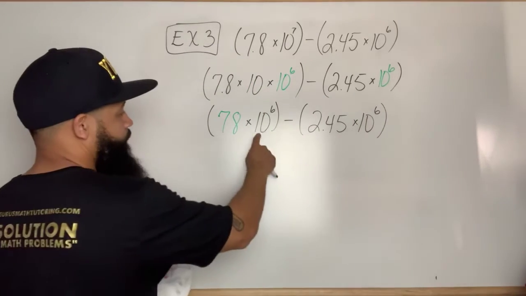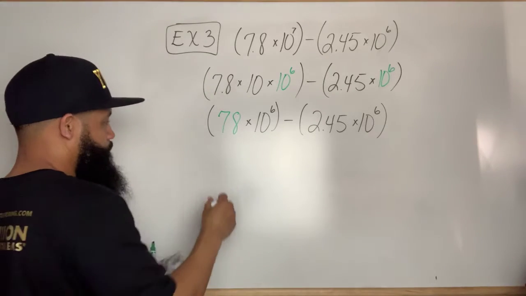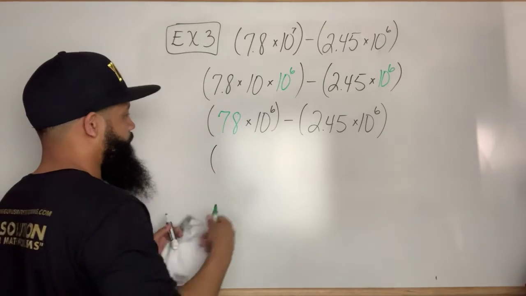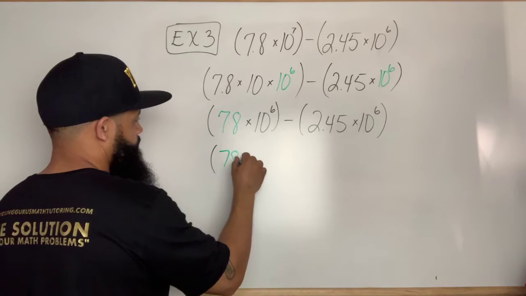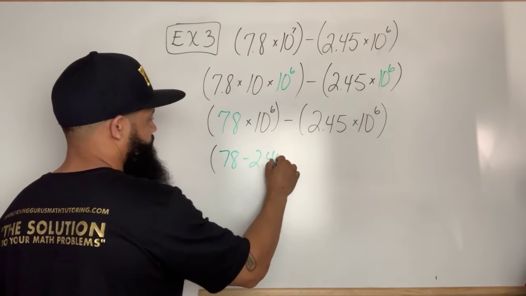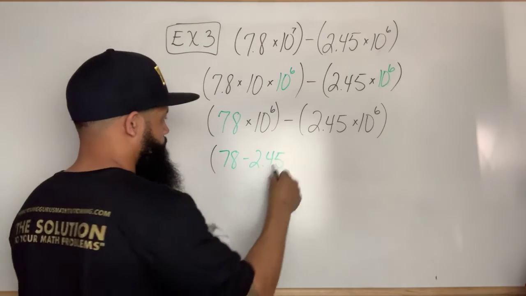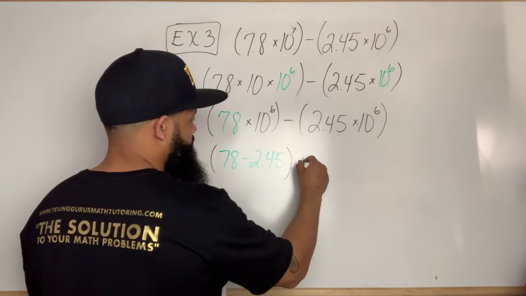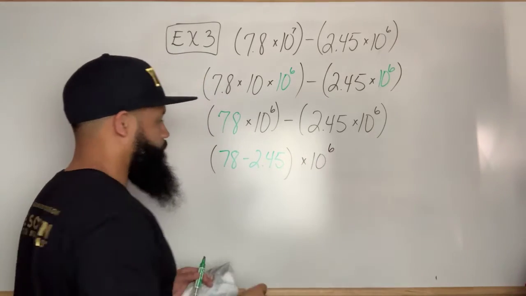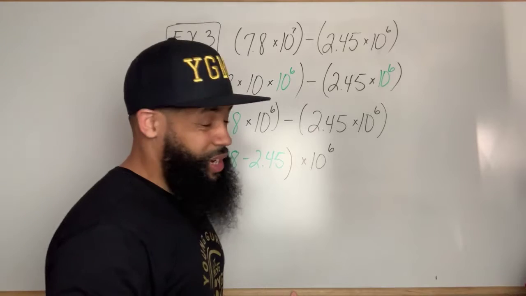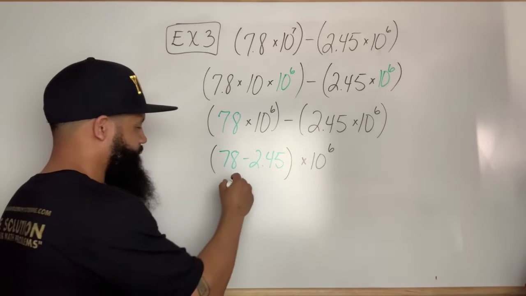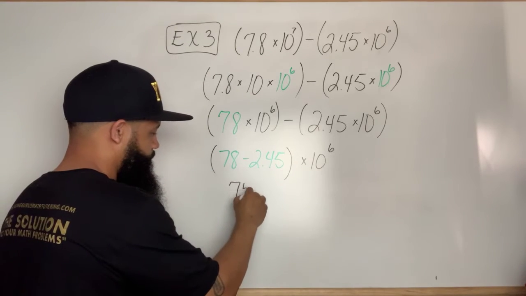They still have that 10 to the 6th power in parentheses. Now I can subtract 78 minus 2.45, and then times 10 to the 6th power. Well, 78 minus 2.45 is going to be 75.55.